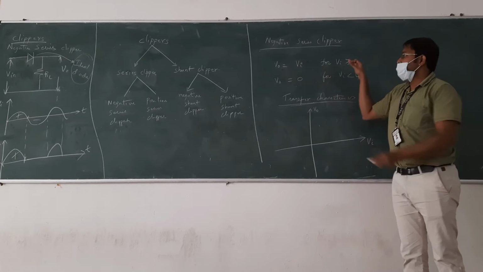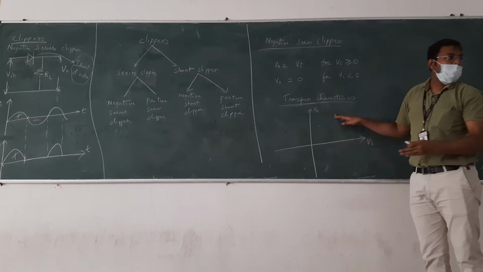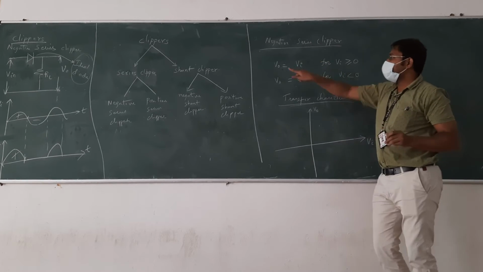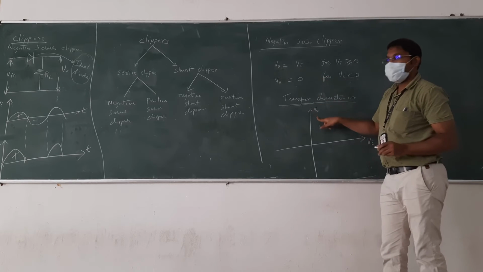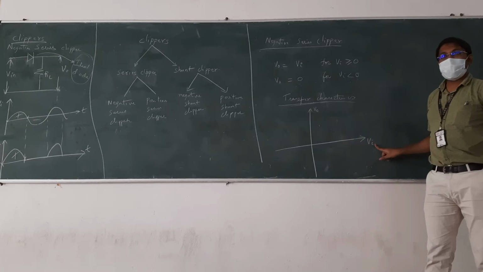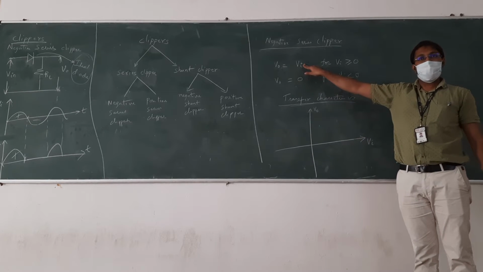Okay, this is positive, so this quadrant. Very good. It will be a straight line. See, the y-axis is V0 and the x-axis is Vi. This is like y equals x.